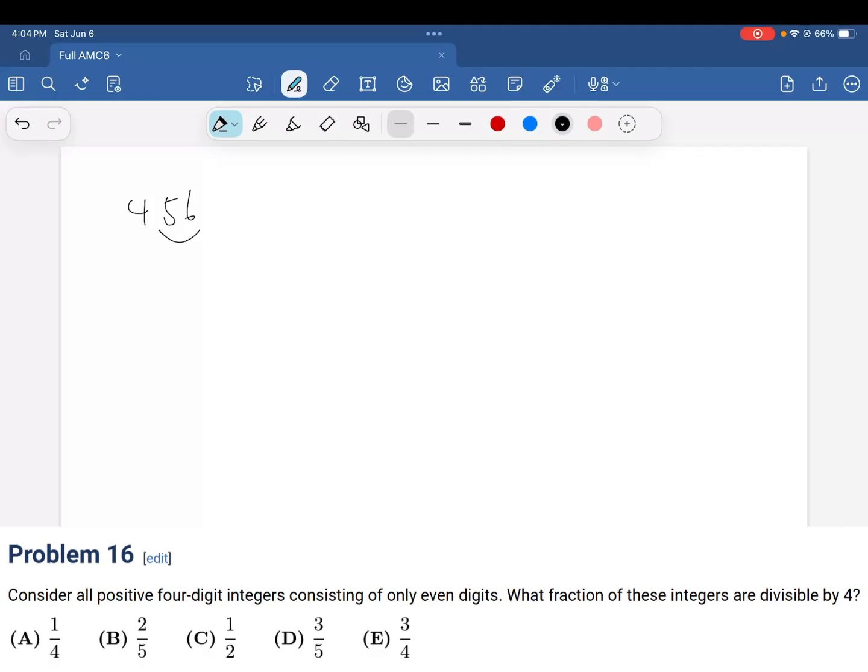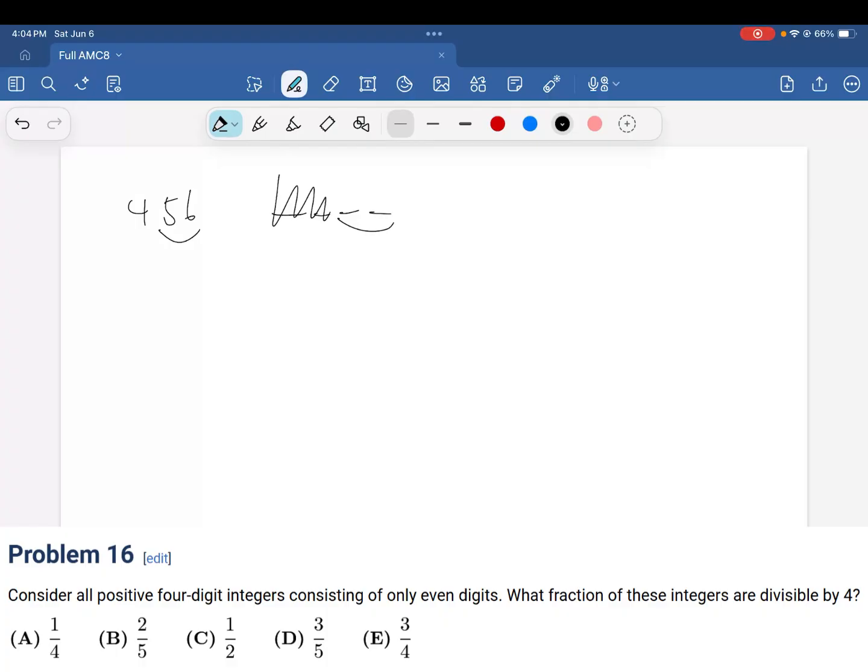And this also means that if we have four digits here, we only have to care about these last two digits. So these two digits are effectively useless. So we can turn the problem into: consider all positive 2-digit integers consisting of only even digits.